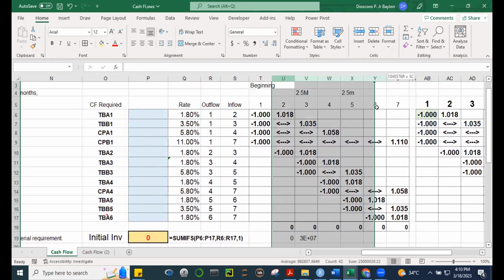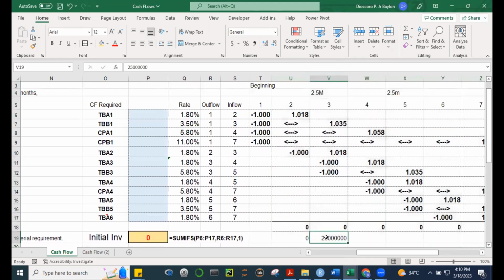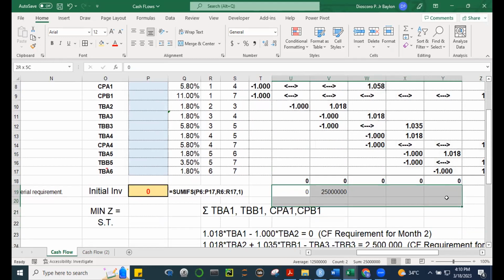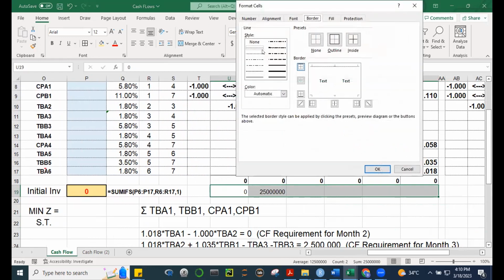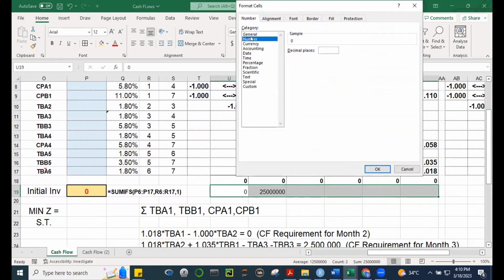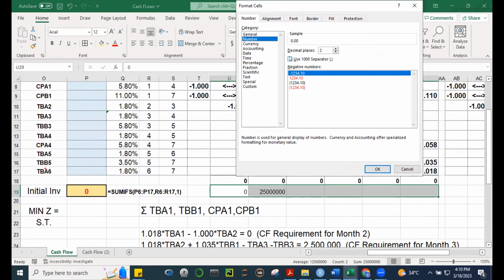Let's just increase this one to allow for control 1 and then number. Let me put separator, and then let's not put the centavo anymore. Okay.